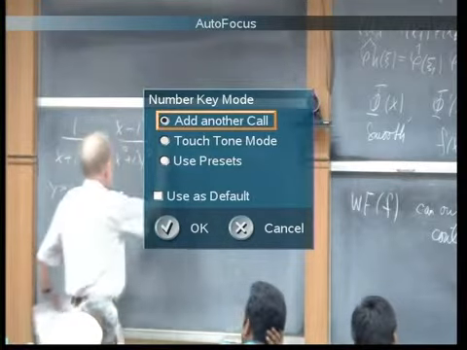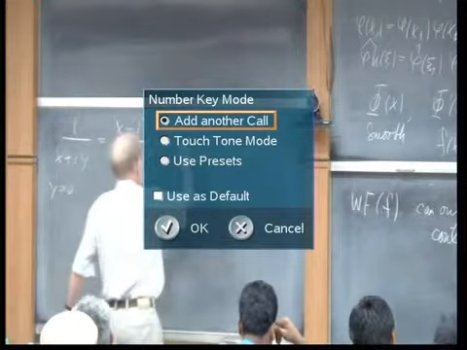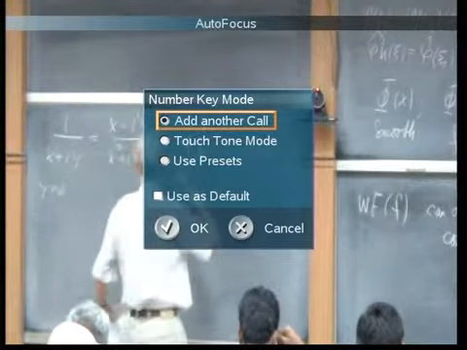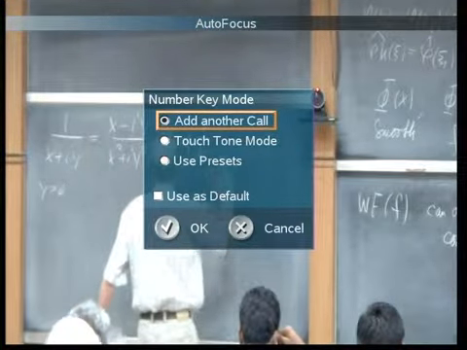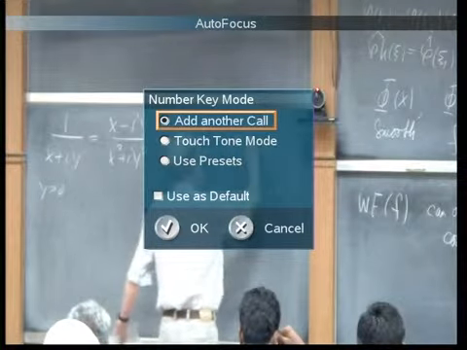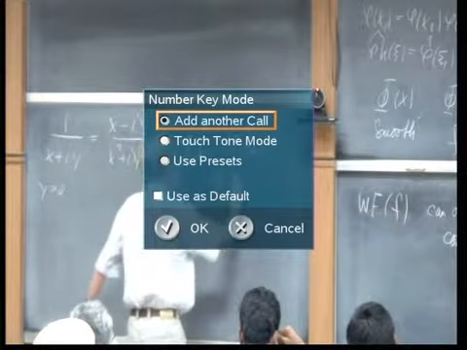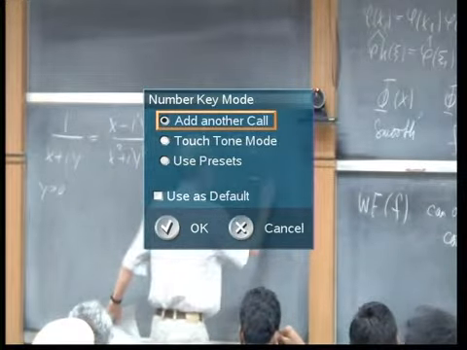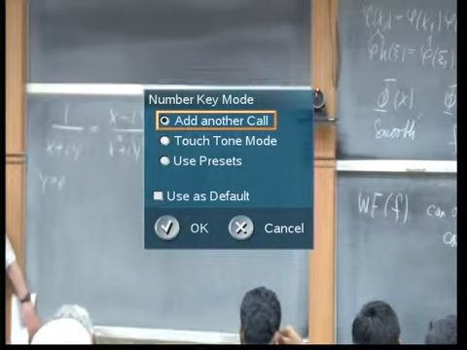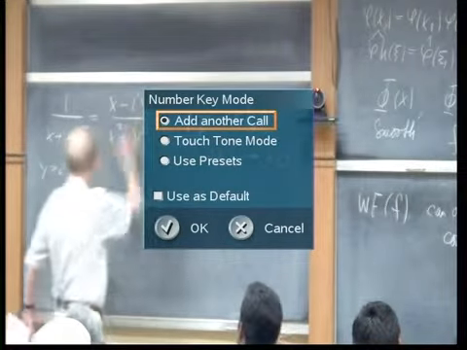As y tends to 0 from the upper side, this tends to the principal value of 1 over x minus i pi delta 0. If it tends from the lower side, the sign here will change.